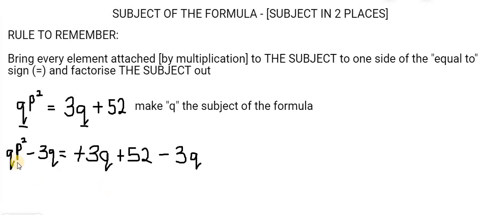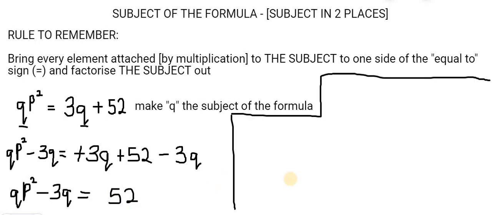Now, on the left, I have QP squared minus 3Q. And on the right, the plus 3Q minus 3Q here is 0. So it just vanishes and we have 52. In fact, we have plus 52, but since it's a plus, I can hide that sign away.